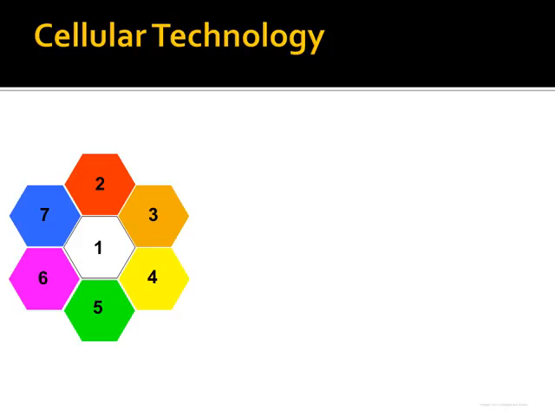What we do with cellular is very closely control coverage area. We control power. We actively control power. The intelligence in the network directs the handsets to increase or reduce power as needed.